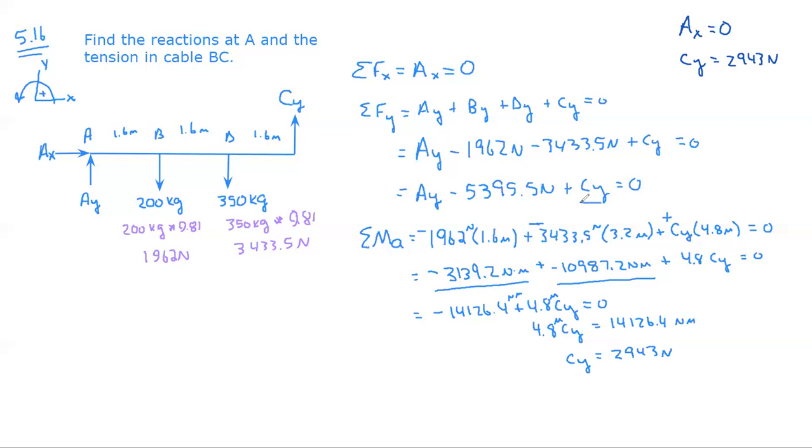We can substitute it in for CY. I'm going to do that over here. The summation of the forces in the y direction: AY minus 5,395.5 newtons plus 2,943 newtons is equal to 0. Combine those terms, they're like.